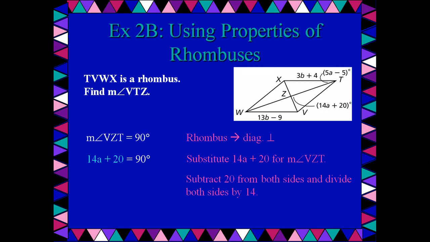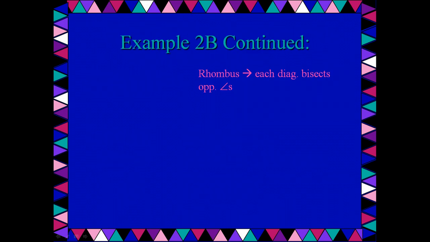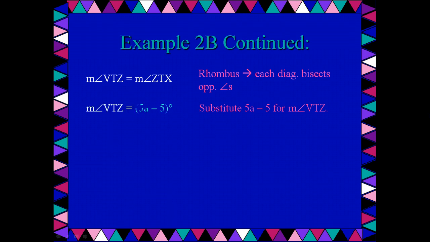If we subtract 20 from both sides and divide by 14, we get that a equals 5. In a rhombus, each diagonal bisects opposite angles. So that means VTZ and ZTX are the same. If we substitute in 5a minus 5 for the measure of VTZ, we get this, and we substitute 5 for a, and we end up with 20 degrees.